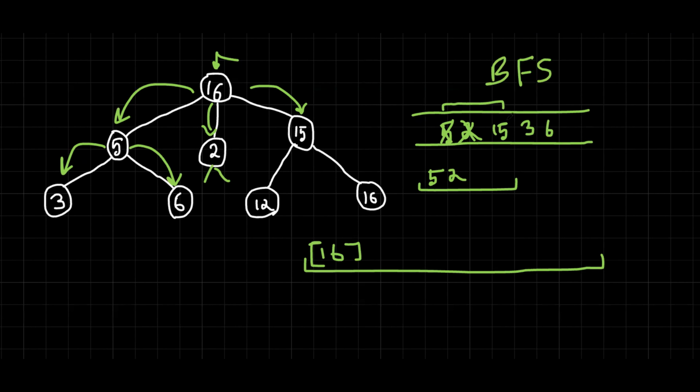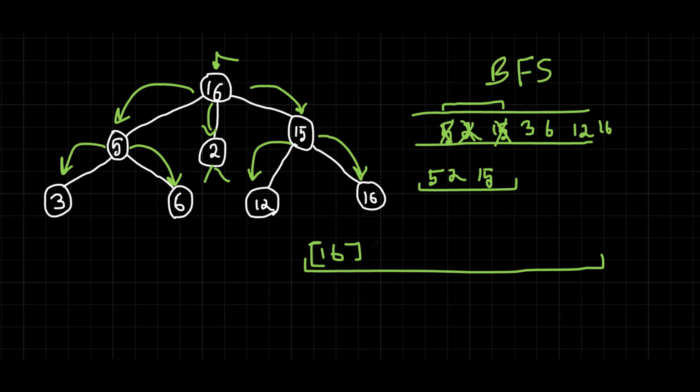Now our top element is 15. So we have to add 15 here. Now we have to remove this 15. Now, after removing, we notice that 15 has 2 children, 12 and 16. So we have to add all of them into the queue.